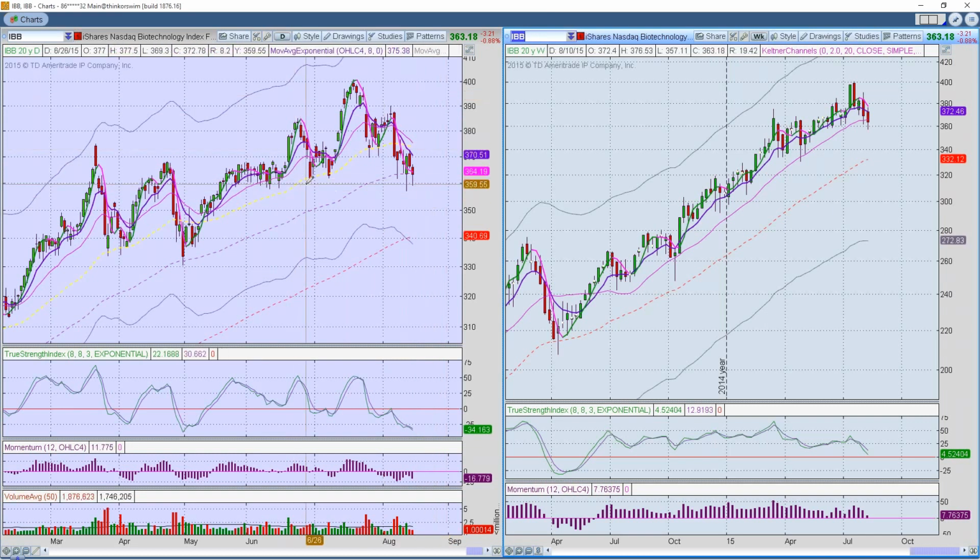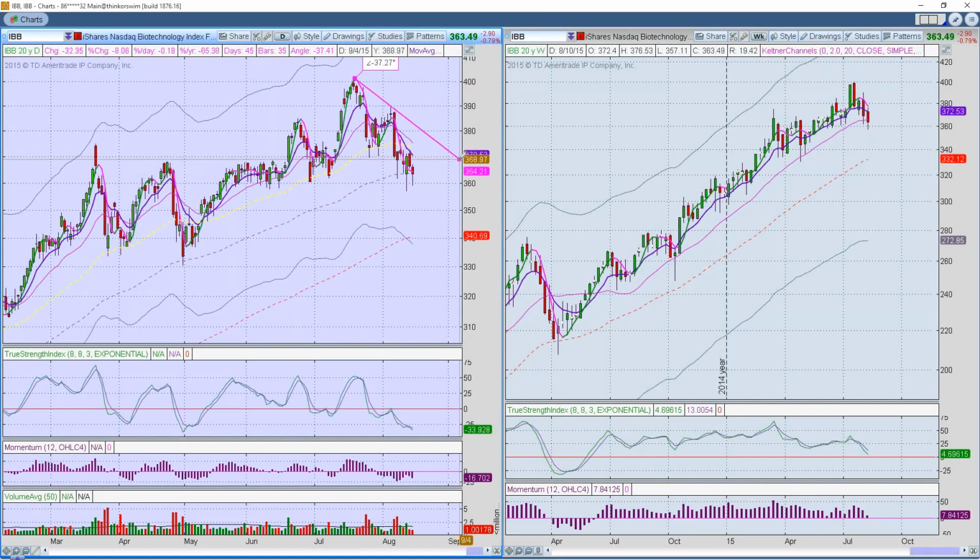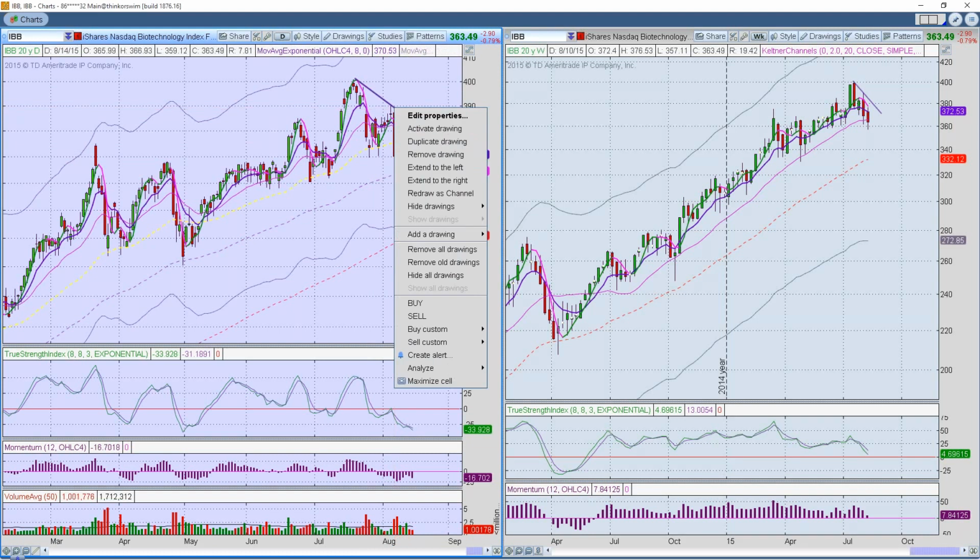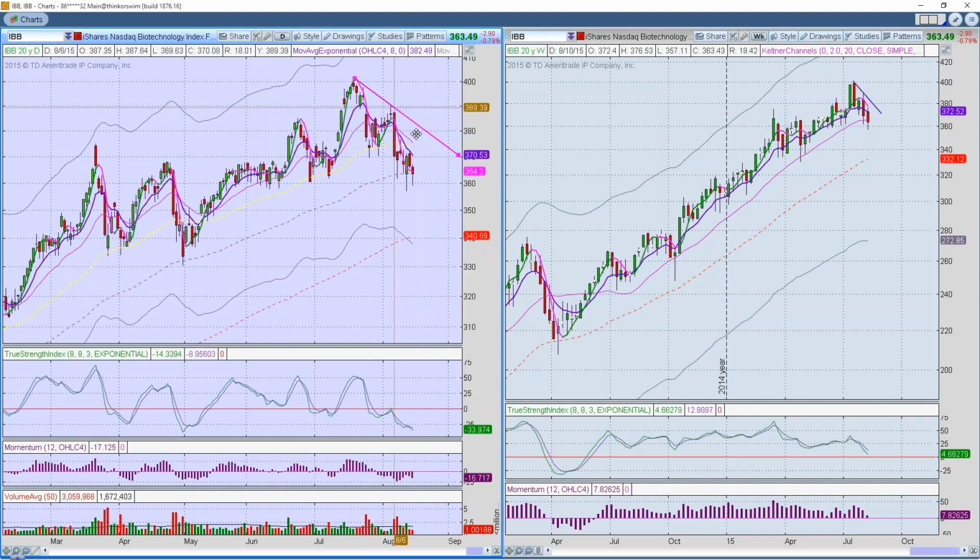We're at support, and again, this is one of those where you can draw these trend lines in here now, and clearly there's your lower high. This low is broken. You now have lower lows, and it's very interesting. I can duplicate this, and I'll bet you it is working inside a downtrending channel, and there you go.